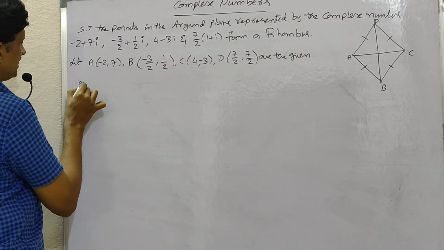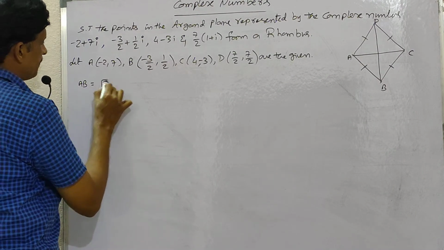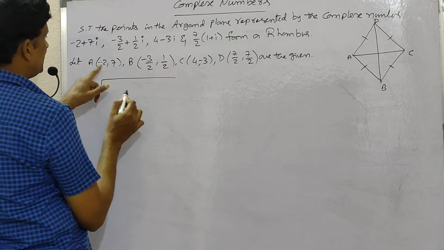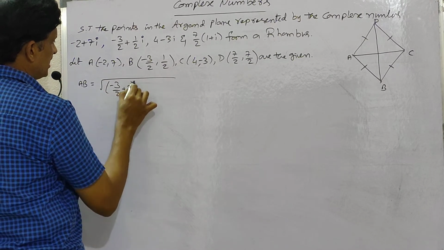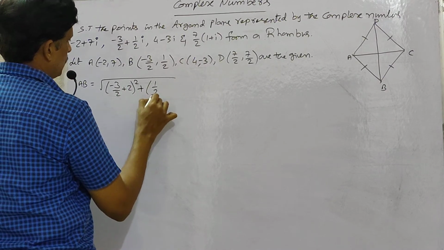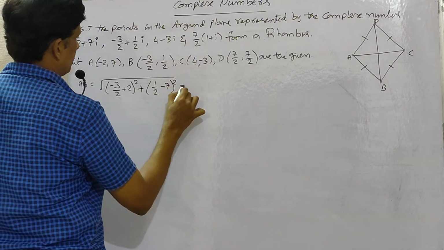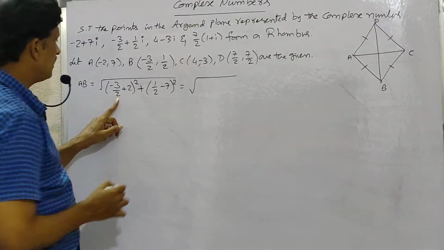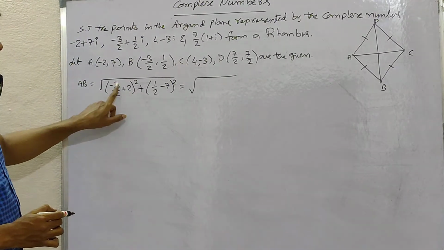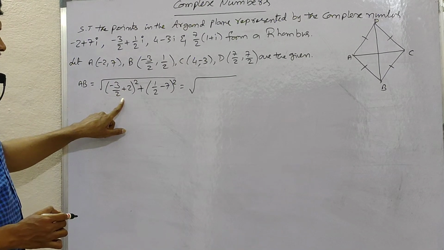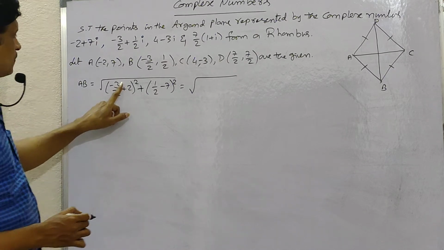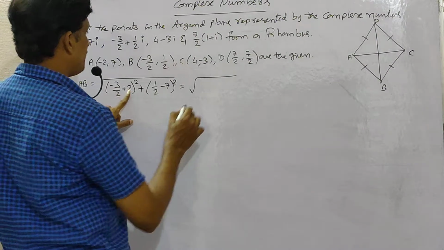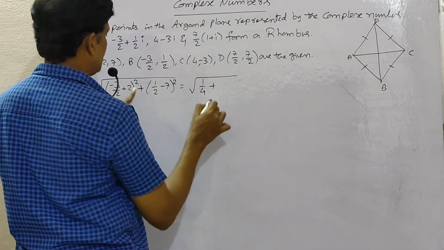So now here measure the distances similar to the last one. AB, that is square root of distance between A and B. (-3/2 minus of -2, that is +2) whole square, plus (1/2 minus 7) whole square. That is square root of, this is 4 minus 3, that is 1/2 we are getting, 1/2 whole square, that is 1/4 plus.